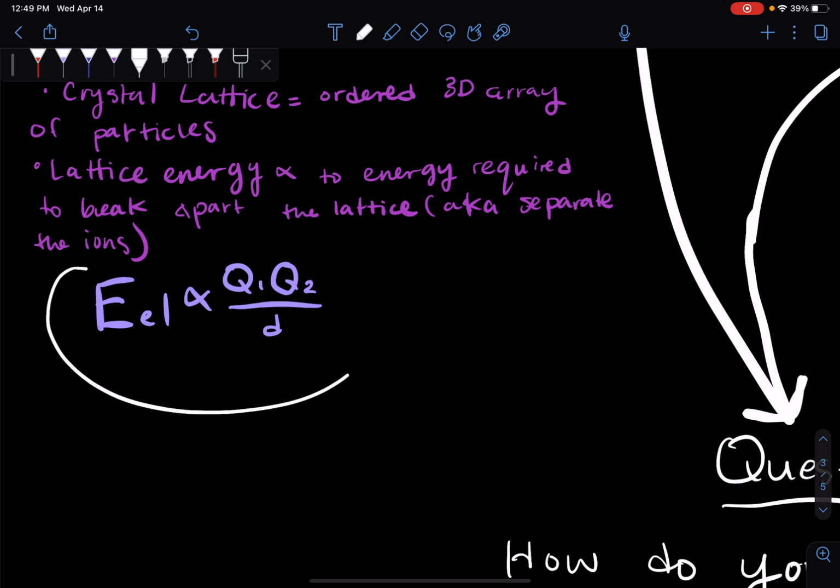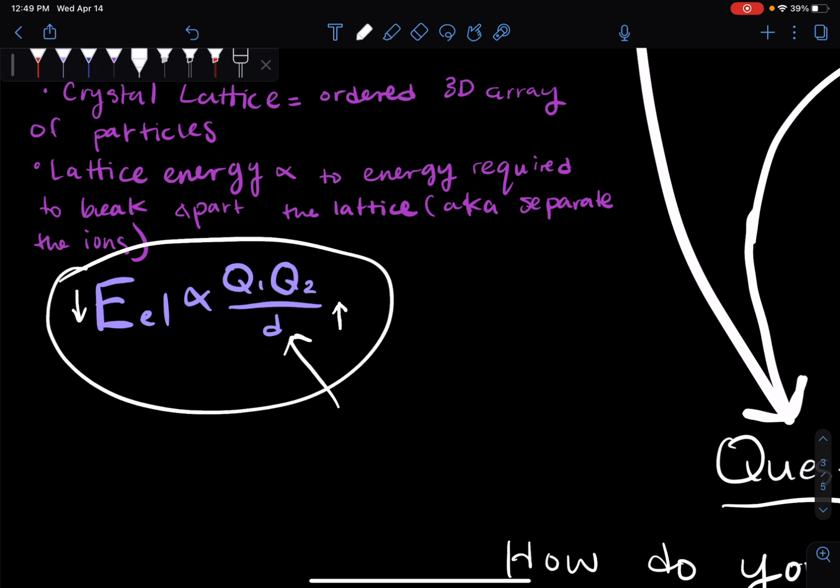We can use this equation right here, which is really useful, and it's just going to tell us how much energy is required to break those bonds. So we can see here that if distance increases, that's going to decrease the amount of energy required.